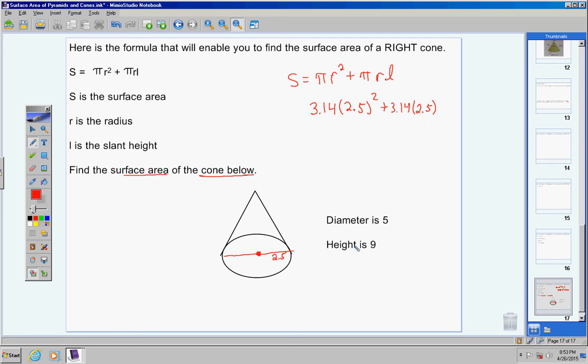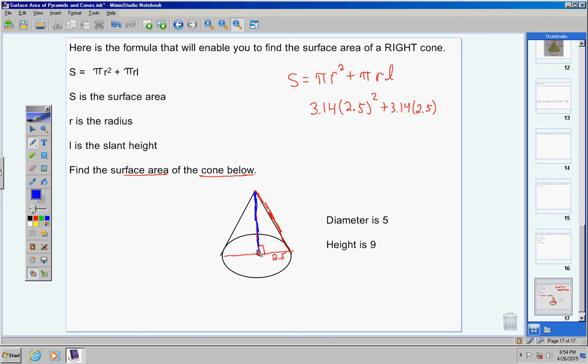Now, here we go. We're finally getting into one where I don't give you the slant height, okay? So we're going to have to find the slant height. I know the height is 9. Now the height is the length coming from here to the center that forms a right angle. So the slant height would be this measurement right here. Well, look what I got, guys. I'm going to highlight it in a different color.